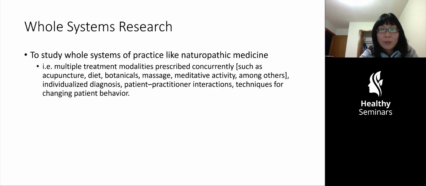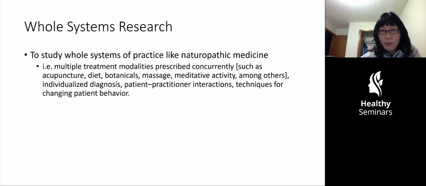And so how do we take that into consideration when we want to study whether the intervention, which is a number of modalities, has an effect on the patient's wellness.